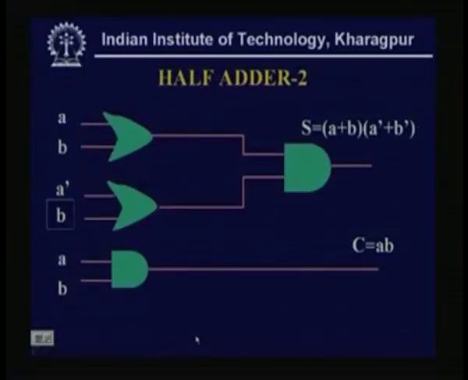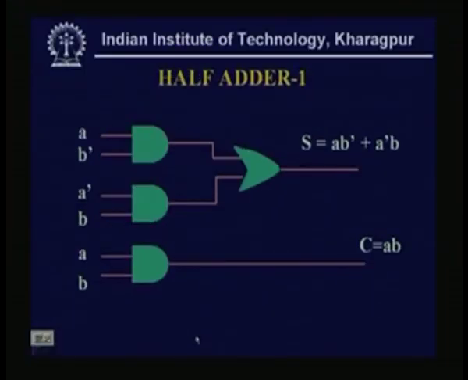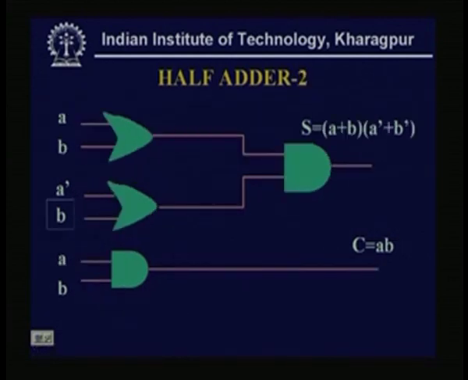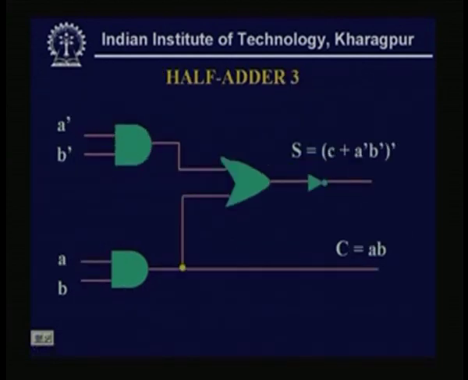Whereas, in the previous design, there are again 4 gates, but a different type of gates. Here we have used one inverter, AND gates and one OR gate, or one AND gate that we have reduced.